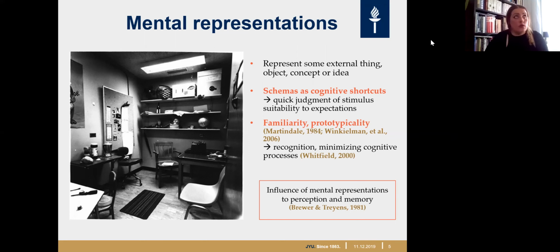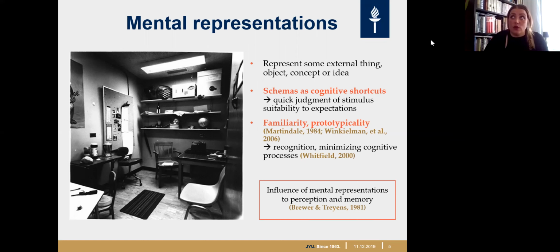Then there are also different related concepts, for example, mental models. Mental models are mental representations that depict some relations of some aspects, how they work together. We have many different kinds of mental models of how things interact with each other.